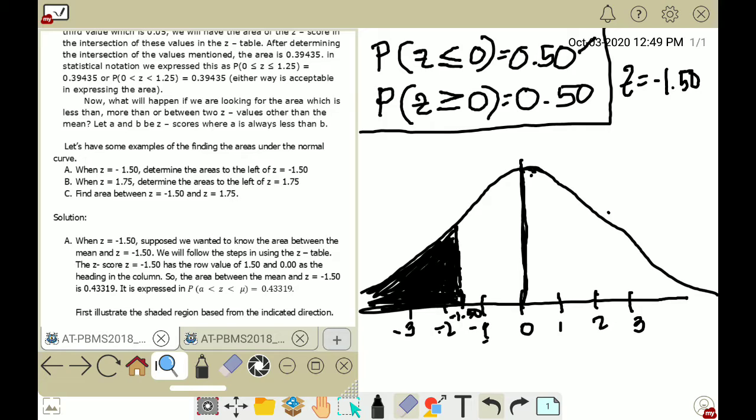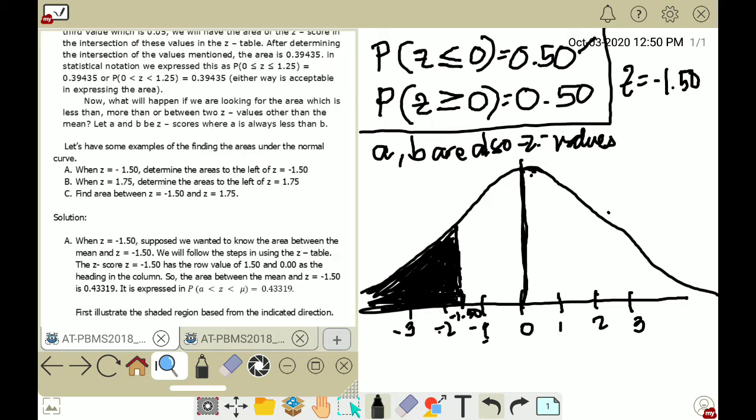So we're going to base it on your illustration. That's why illustration is important when it comes to determining the area to the left and to the right of a certain z value. For example, we know already that A and B are also z values or z scores.